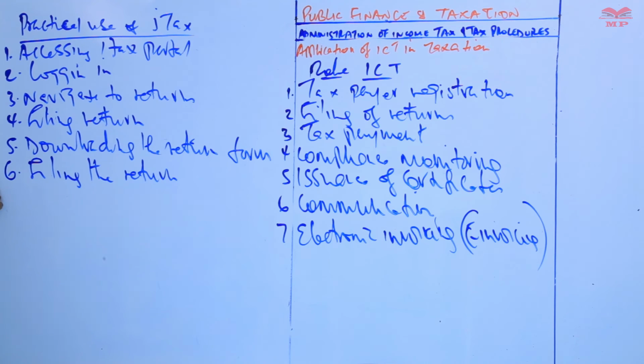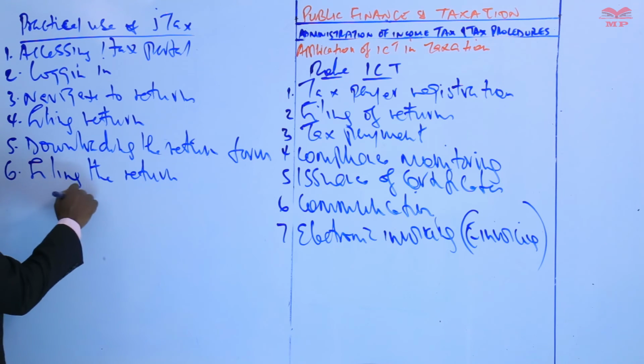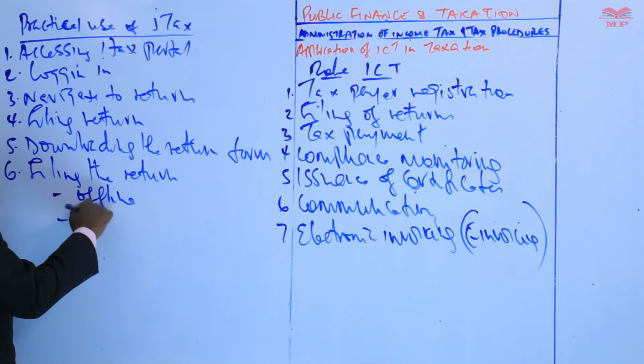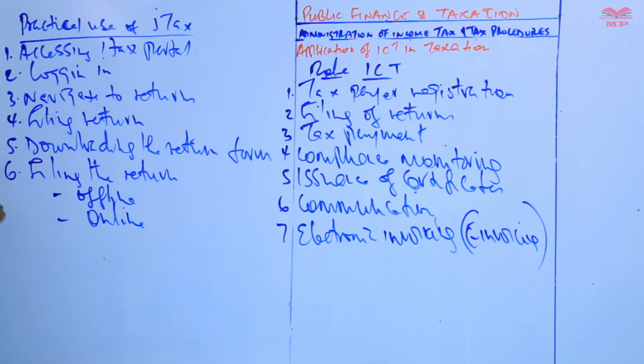You can file offline or you can do it online. For online filing, for simpler returns like the nil returns or employment income only returns, the filing can often be done directly online by selecting the relevant option and just confirming the details.